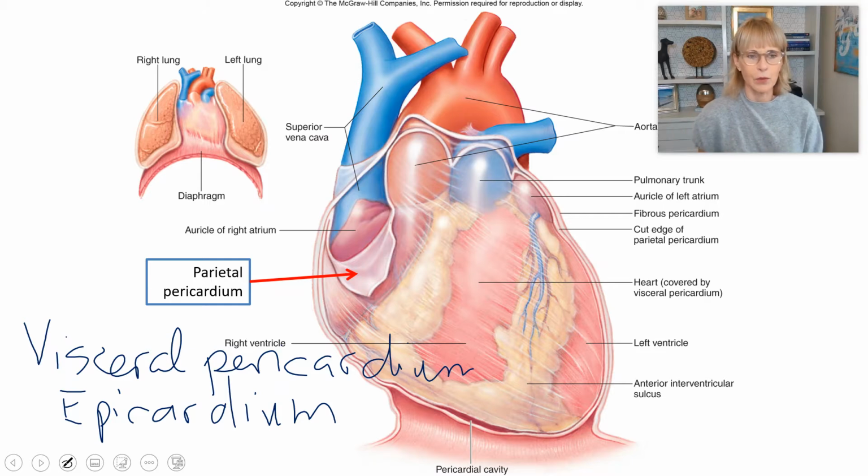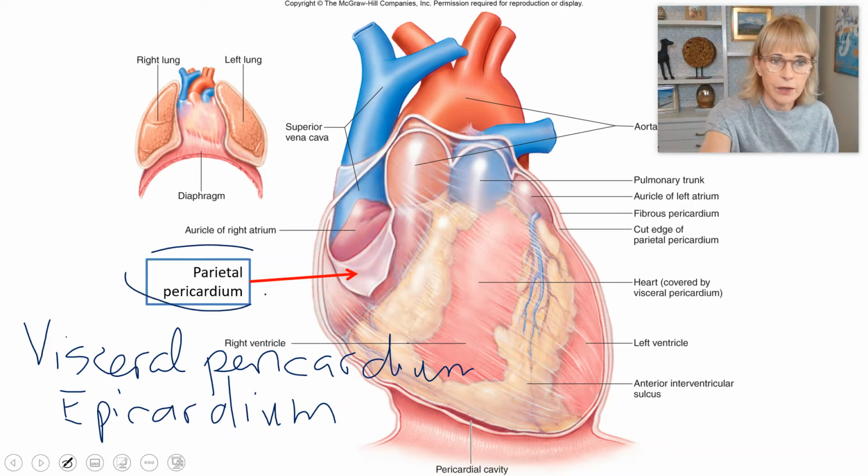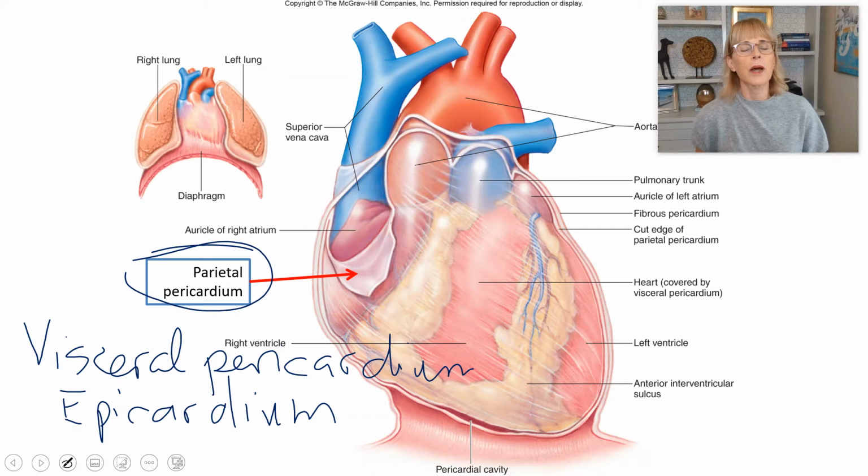Visceral pericardium or epicardium. Now, the part of the bubblegum bubble that's farther away, that is the parietal pericardium. And the parietal pericardium I might describe as the loose membrane that surrounds the heart, or the part of the pericardium that's farther away from the heart, something like that, okay? And that's the parietal pericardium.